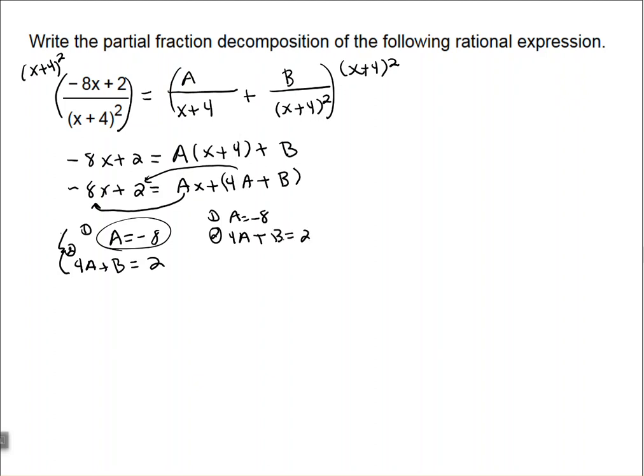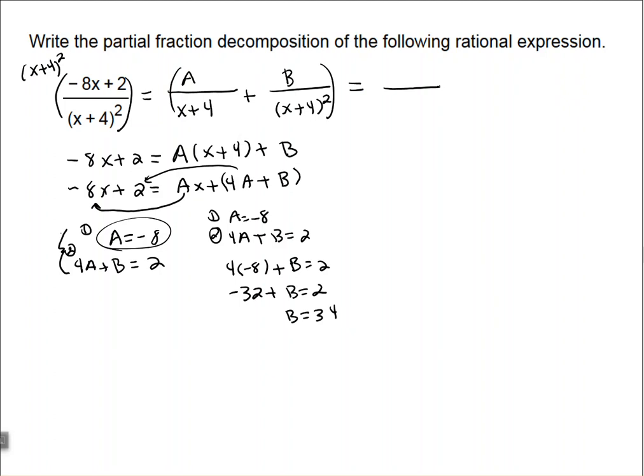So since 4a plus b equals 2, then 4 times negative 8 plus b equals 2 by substitution. Add 32 to each side. So the value of b is 34. Now I can take the a and b, go back up, and replace those variables.